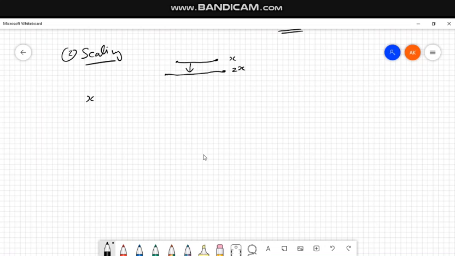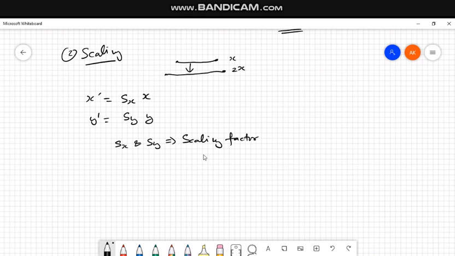Now in this case x dash becomes sx multiplied by x and y dash becomes sy multiplied by y. Okay, these sx and sy are scaling factors.